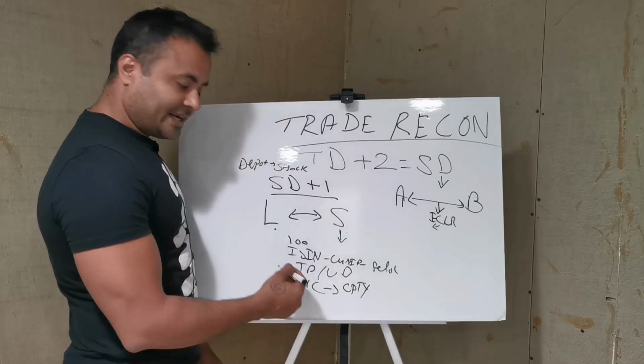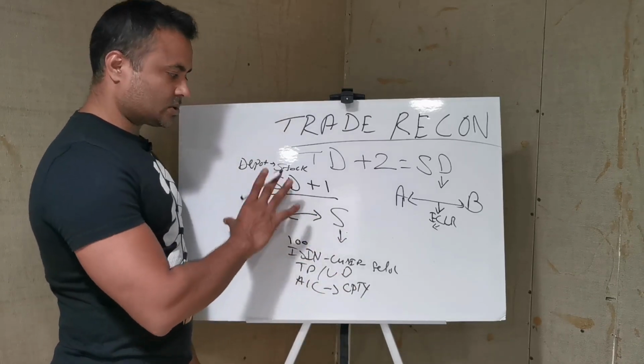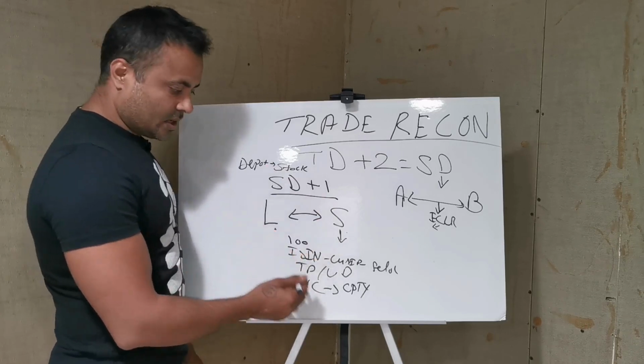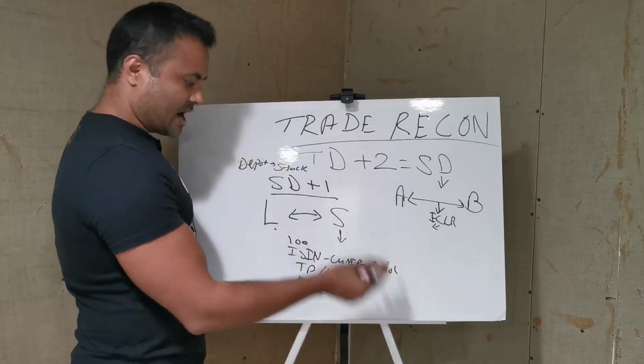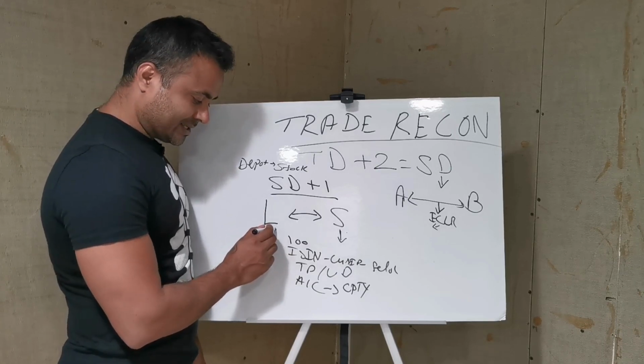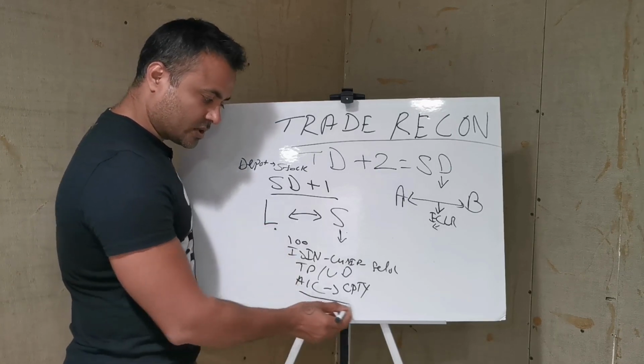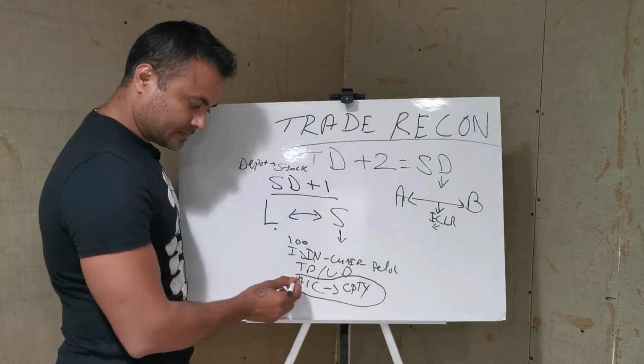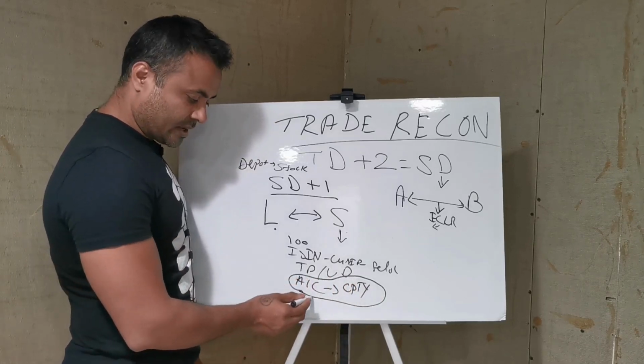So these are the details when you're doing the stock reconciliation. These details should all match with your ledger. You know that this trade was booked with which account and which counterparty. This is very important.